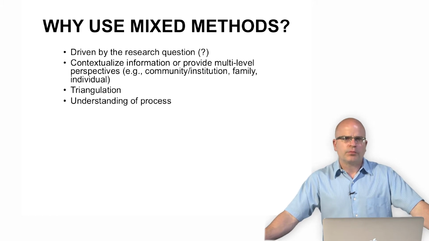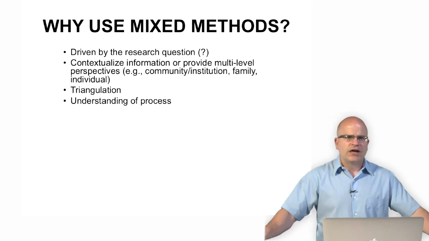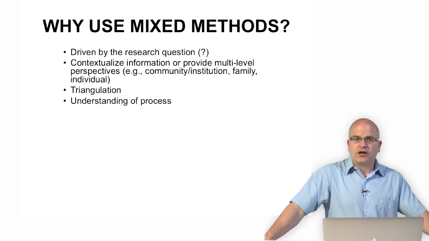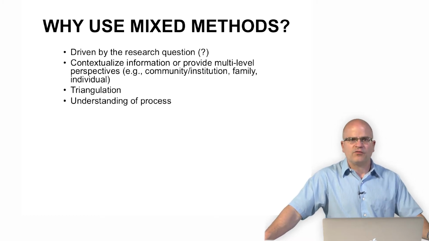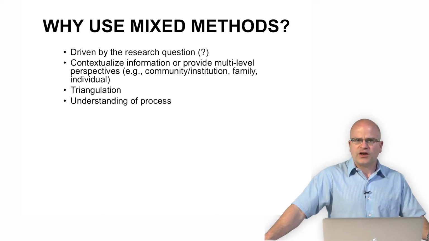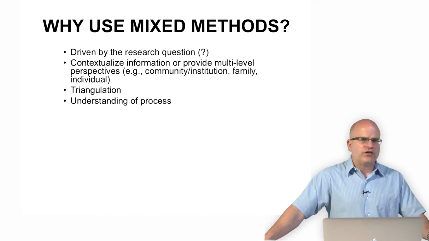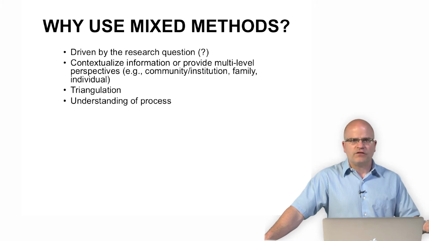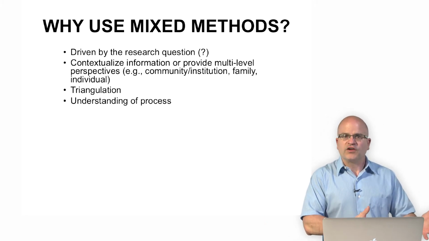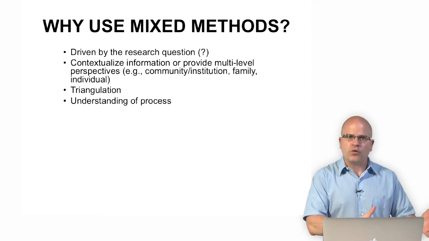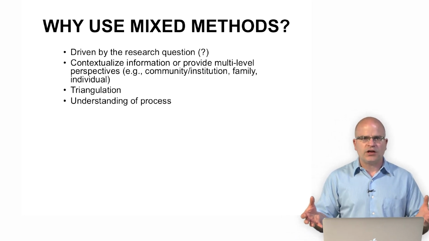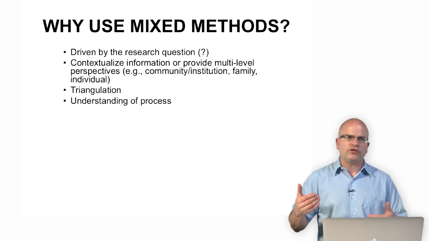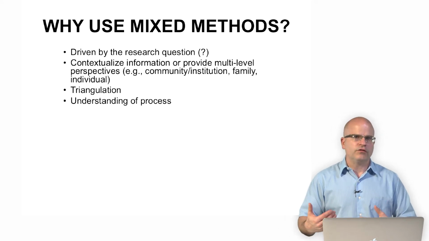Second, contextualize information or provide multi-level perspectives. So again, there are many instances where we can conduct multi-level research utilizing one type of method per se, or say a series of quantitative and or qualitative methods. But this is also usually an exciting opportunity to utilize mixed methods as well. Say one particular unit of analysis is the individual, and let's say the researcher chooses to apply a strictly quantitative approach when studying individual factors per se, but then the researcher may also be interested in gaining a better contextual understanding for what these individuals are part of.